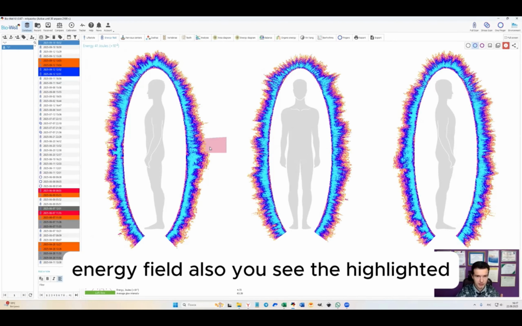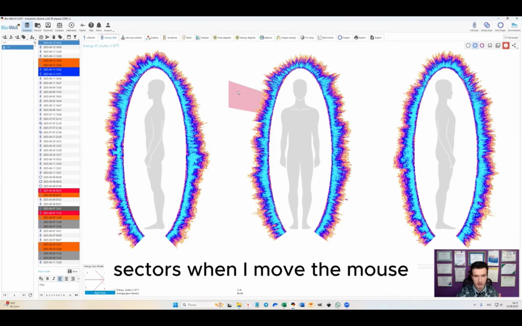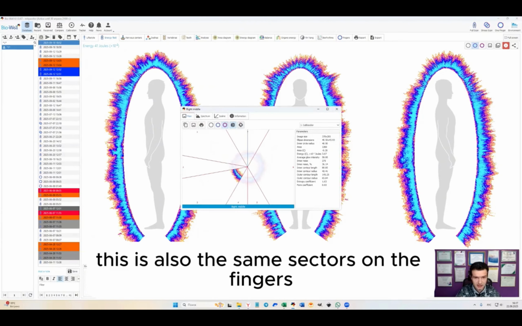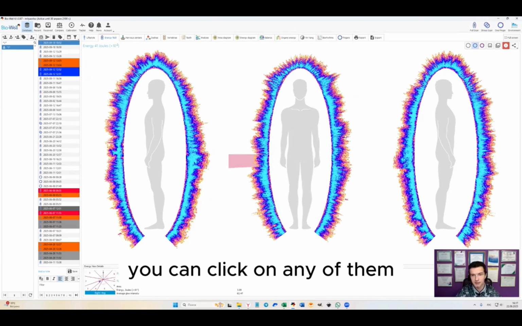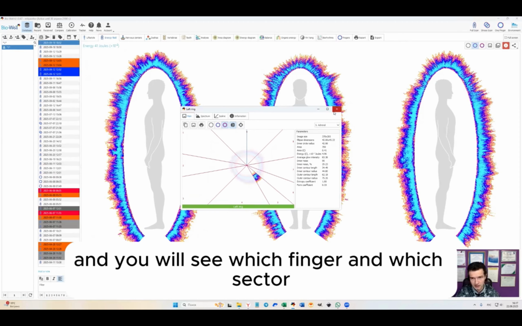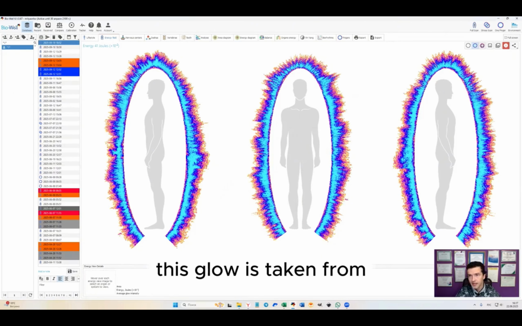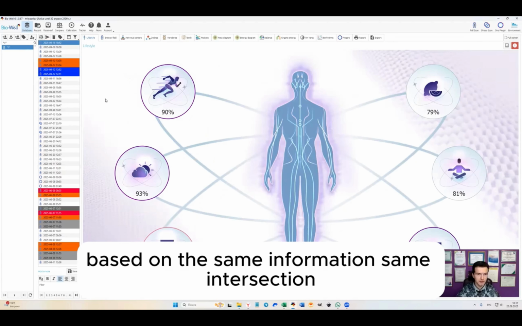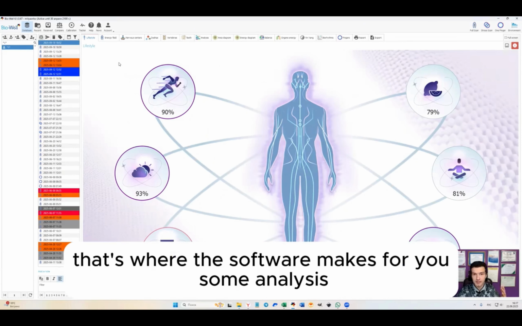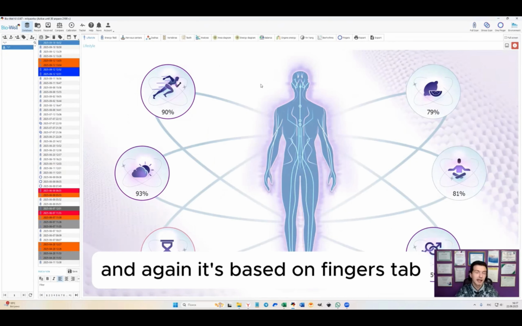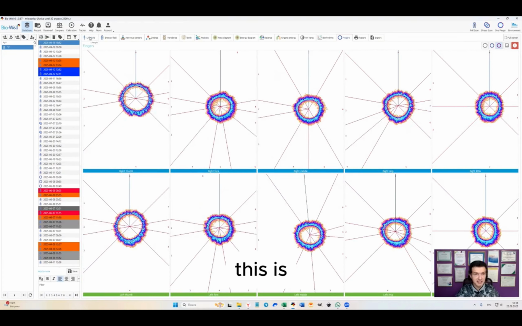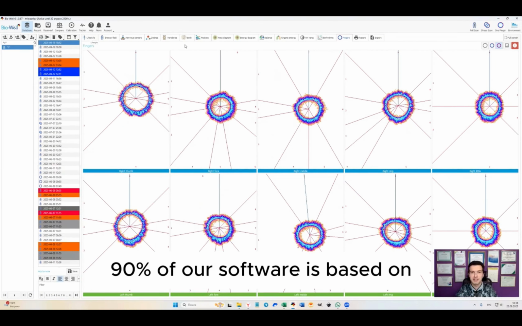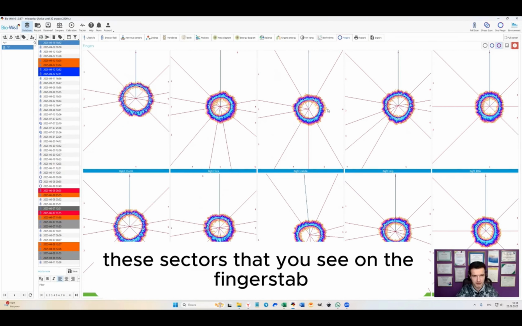Energy field also: you see the highlighted sectors when I move the mouse. These are also the same sectors on the fingers. You can click on any of them and you will see which finger and which sector this glow is taken from. Lifestyle, again, is based on the same information, same intersection. That's where the software makes some analysis for you, and again, it's based on the fingers tab. 90% of our software is based on these sectors that you see on the fingers tab.